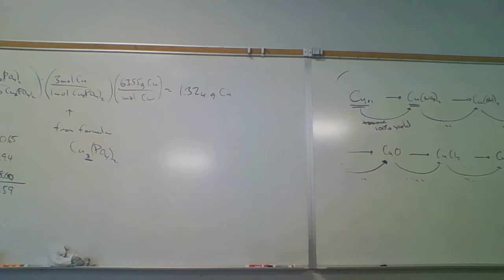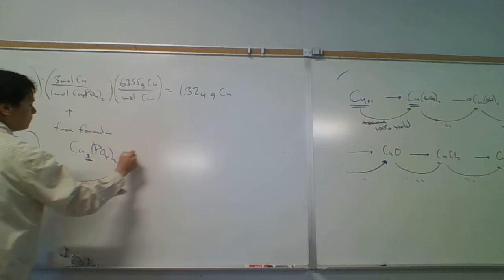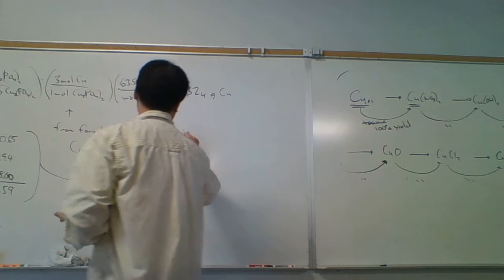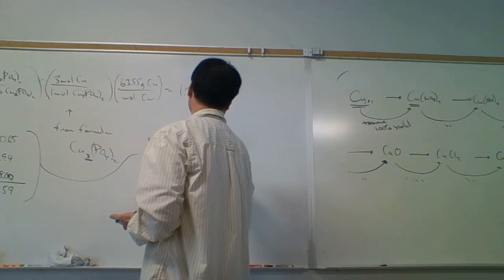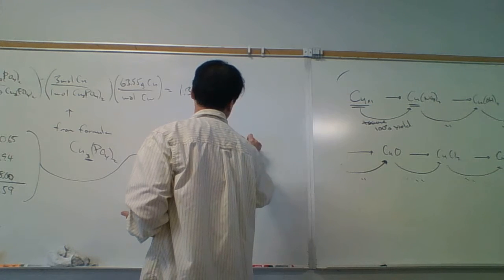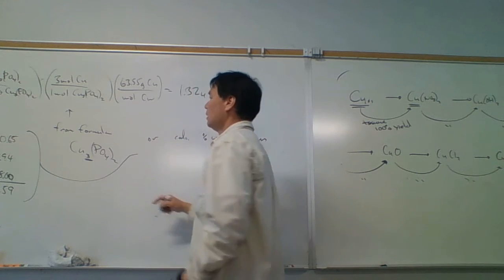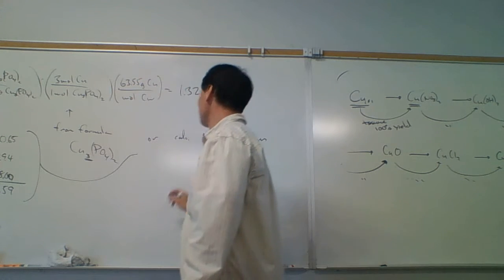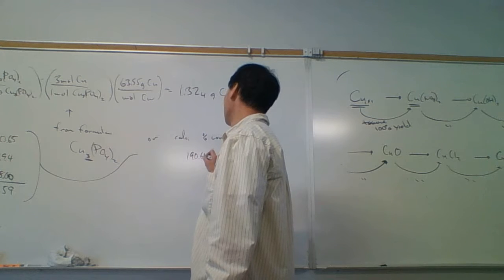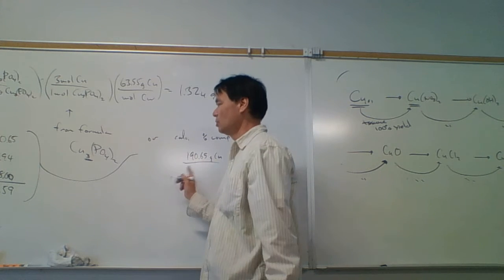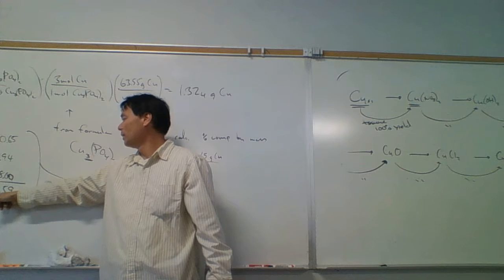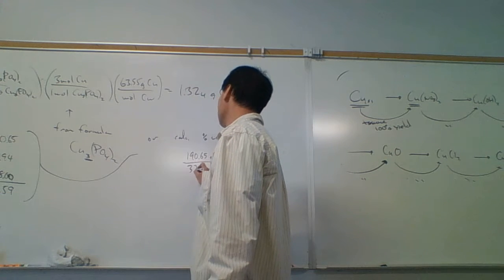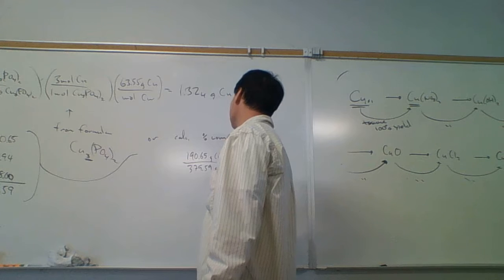That's one way of doing it. The other way of doing it is by percent composition, by mass. So if we calculate percent composition by mass and then use that, if I look at the composition here, I have 190.65 grams of copper out of the total, 379.59 grams total.